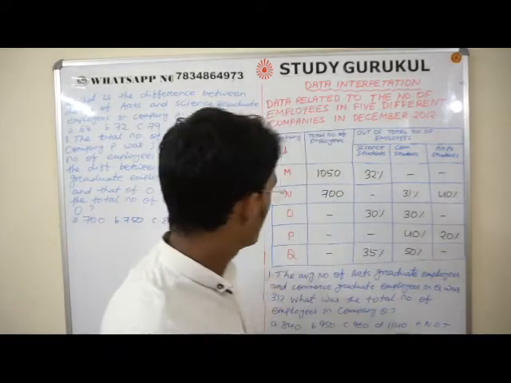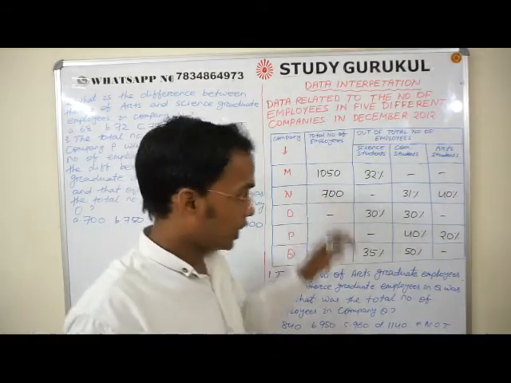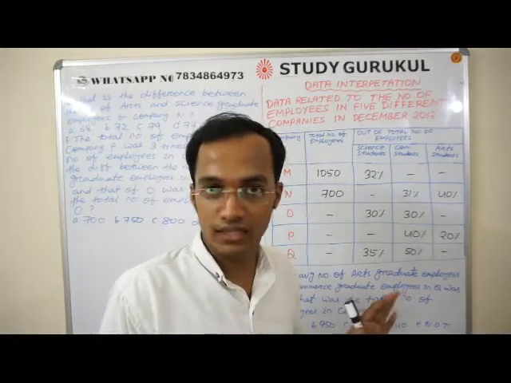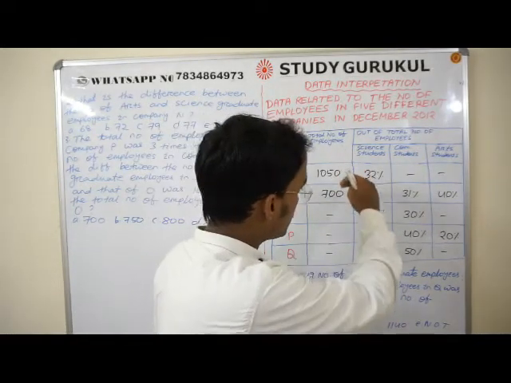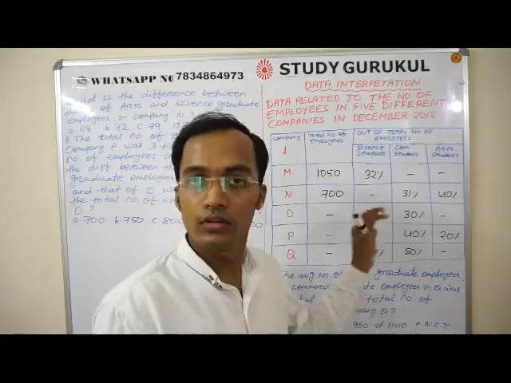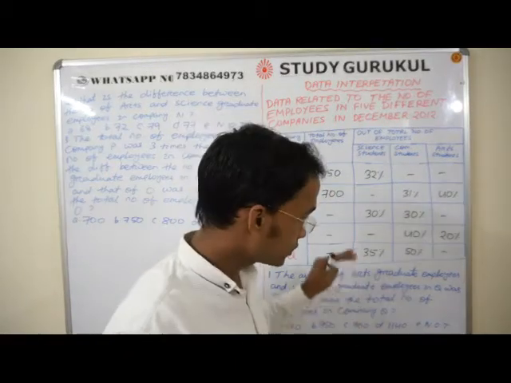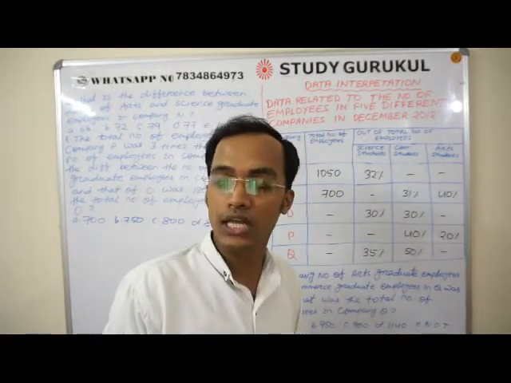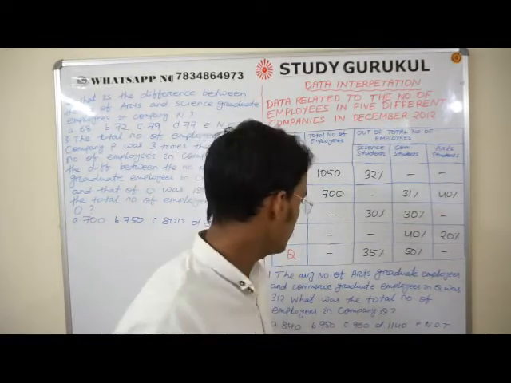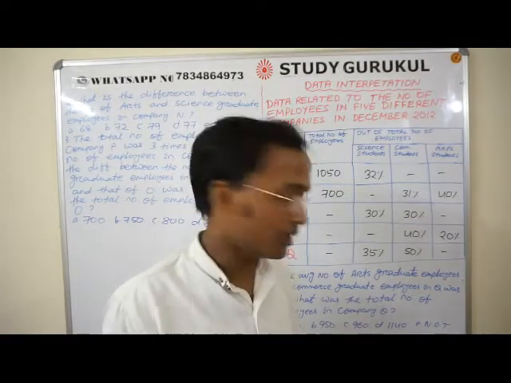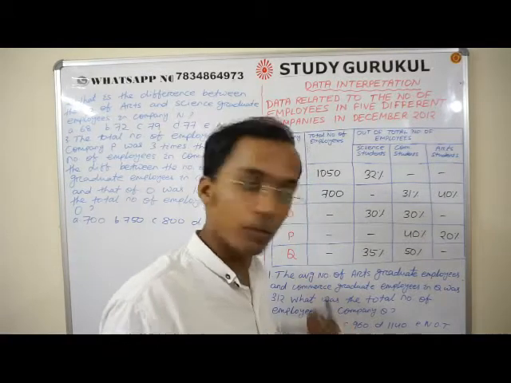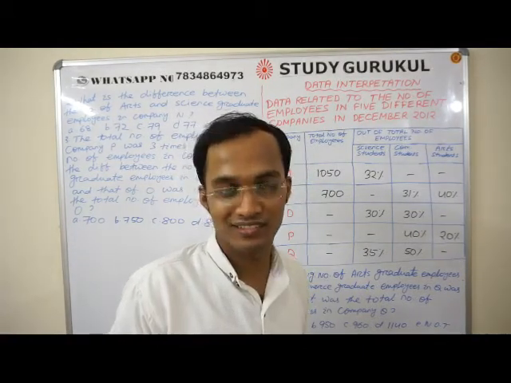Okay, so in this way we know about the data. If you have a clear-cut view of the data given, then solving questions will not take much time. Okay, so without wasting any time, we will start from the first question.